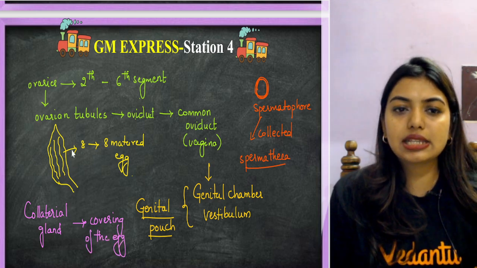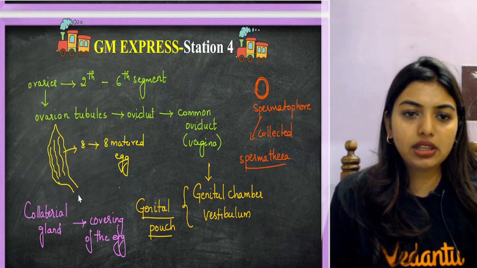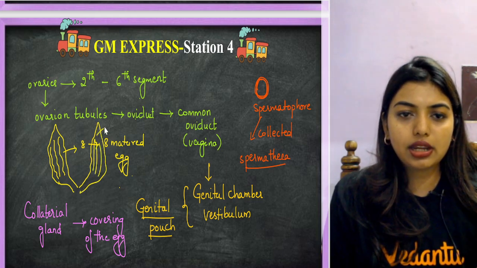Now students, 8 of them are going to come from each ovary, so if I draw one more ovary, they are also going to give rise to 8 of them. So 16 eggs are going to come.